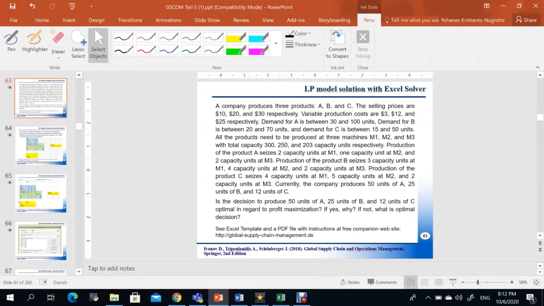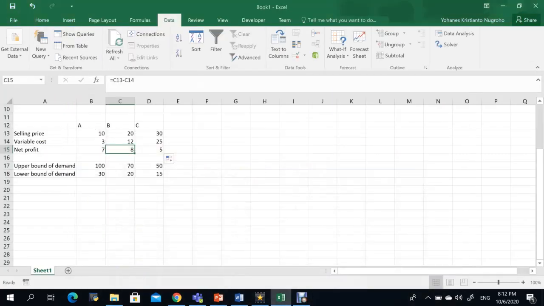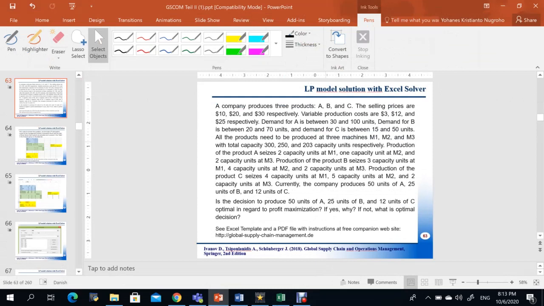Now, what next? All the products need to be produced at 3 machines, M1, M2, and M3. Okay, let's go here. M1, M2, and M3, and we have here capacity 300, 250, and 203.